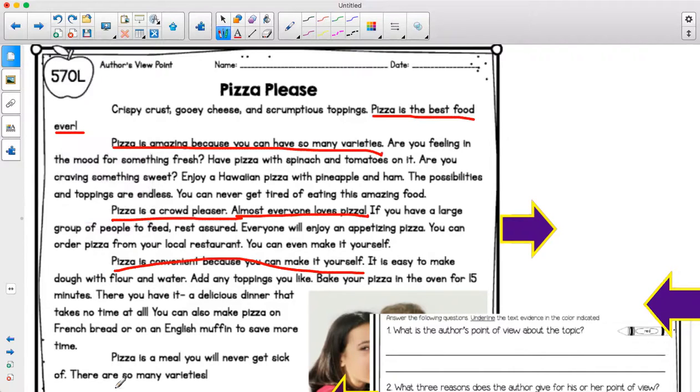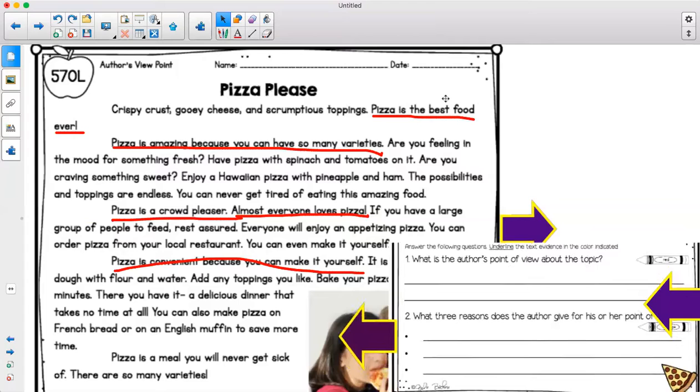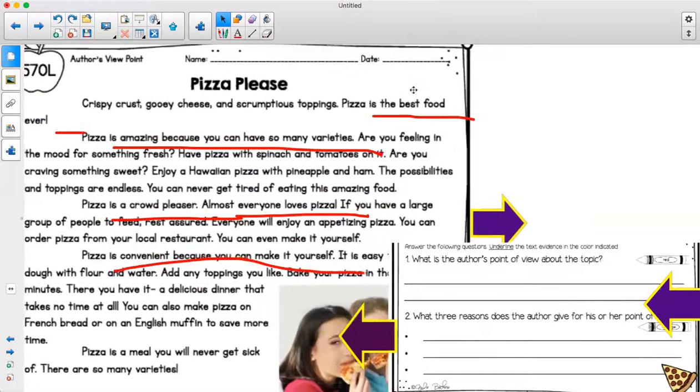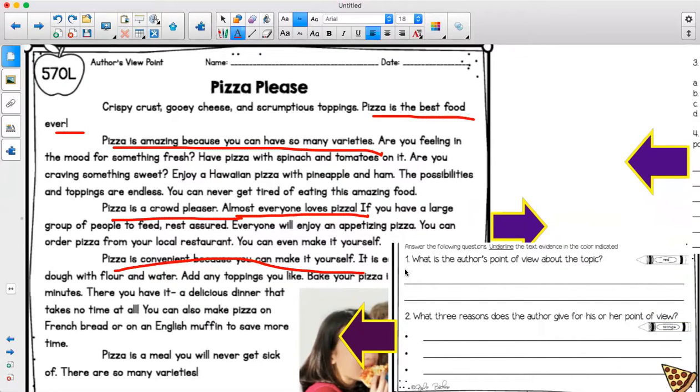So if I had to answer this question, let's see. I'm going to slide this over a little bit. Let's move this so I can type in my answer real quick. What is the author's point of view?